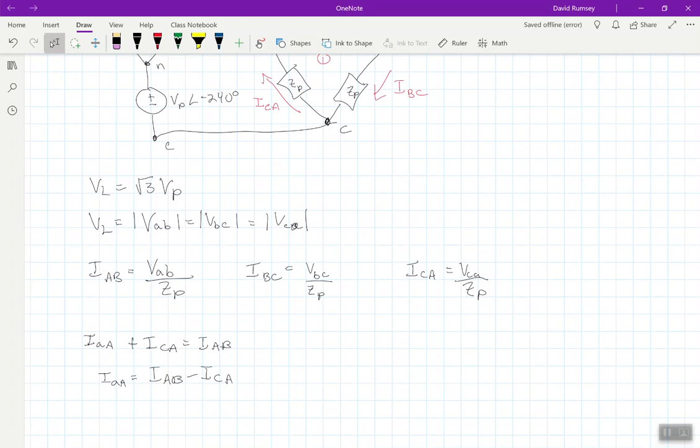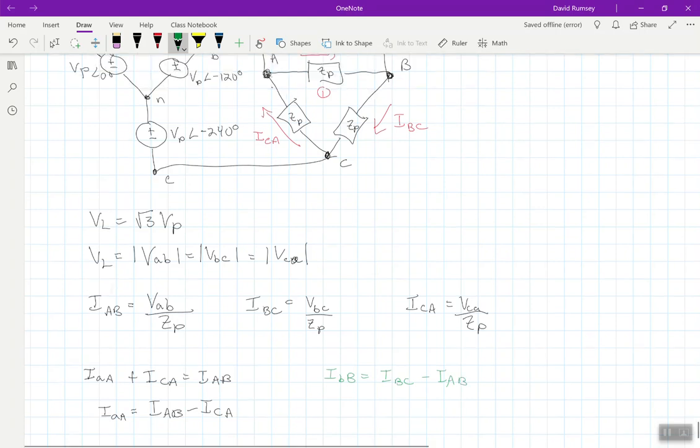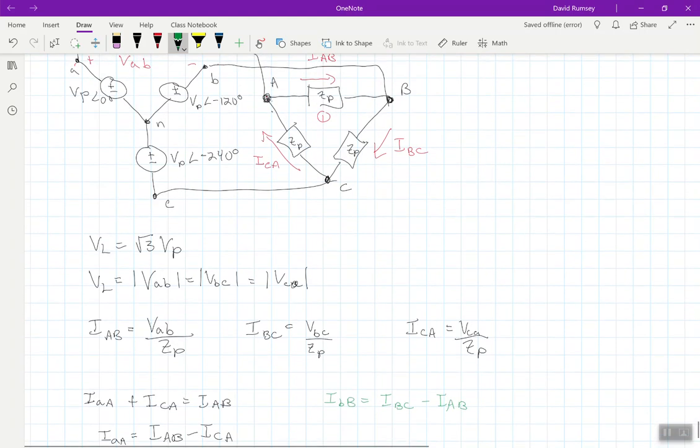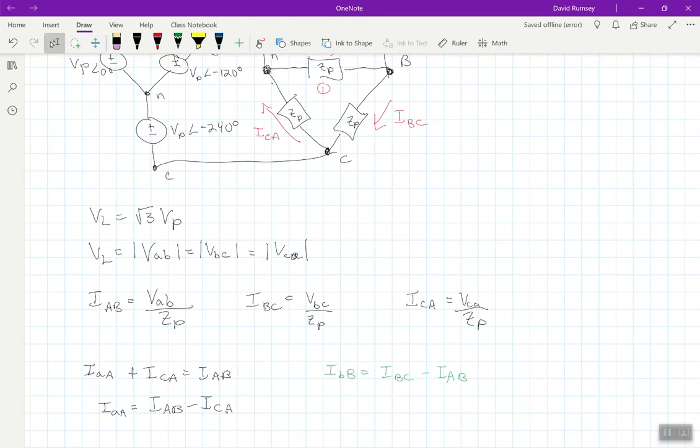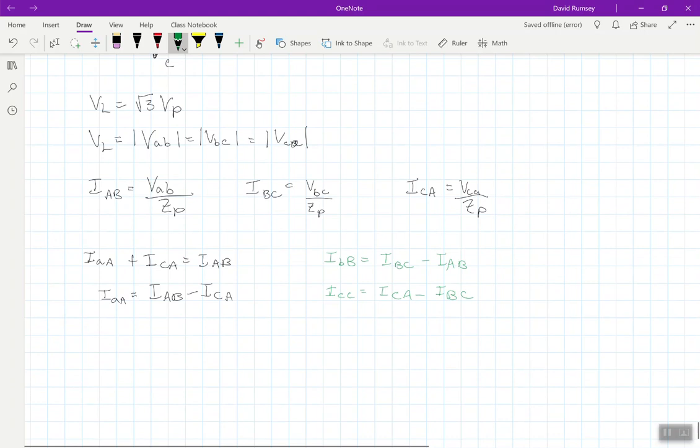For instance, let's go ahead and write them down. IBB would equal IBC minus IAB. And then ICC would be ICA minus IBC. And that's just doing KCL at all of those nodes.